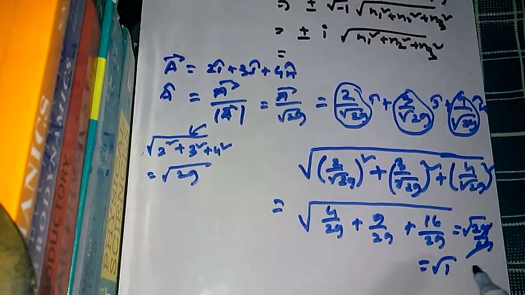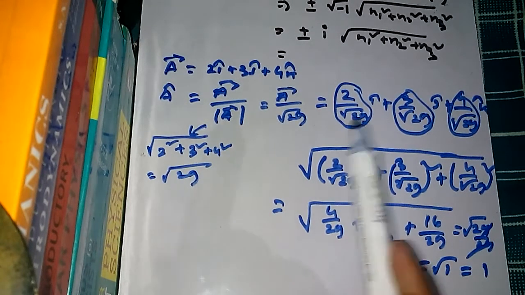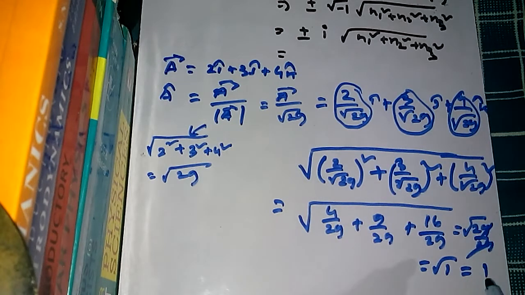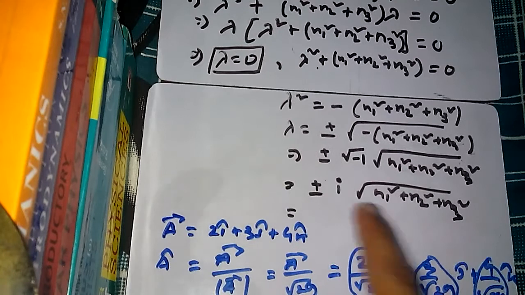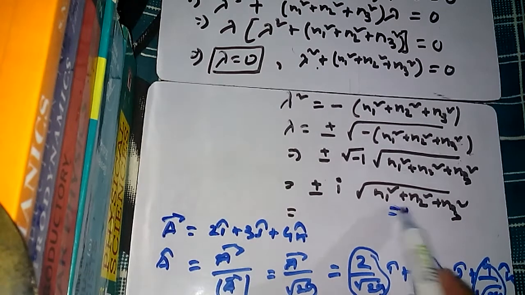This gives us root 1, that means 1. That means whenever the components of a unit vector are written in this fashion, it gives us 1. And this is the same thing that has been told in our problem, that n1, n2 and n3 are components of a unit vector, and if they are written in this fashion, then its value is 1.